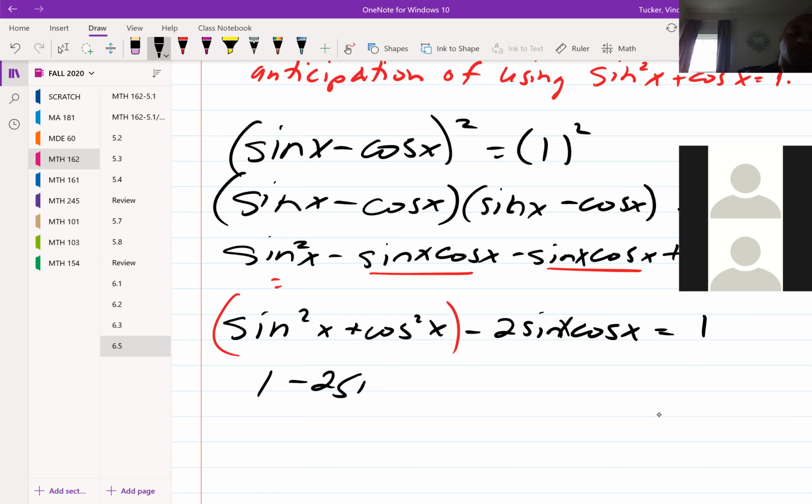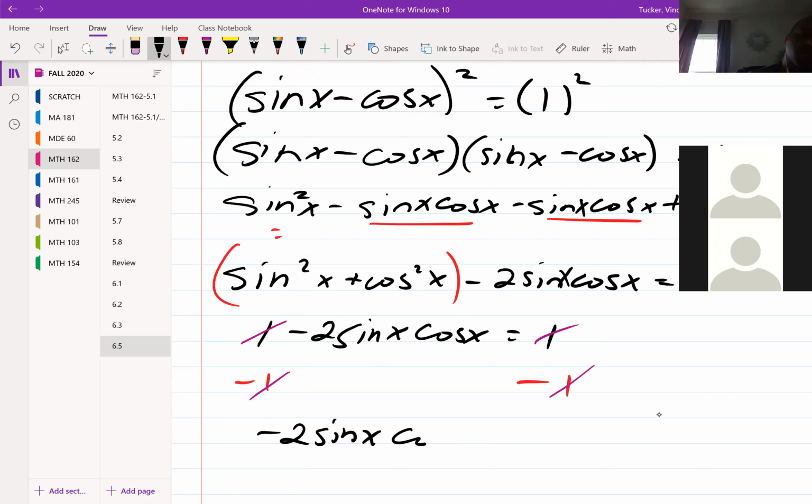So that helps us out a lot, because now I can subtract 1 from both sides, and it actually cancels out on both sides. So we're looking at negative 2 sine x cosine x equal to 0.